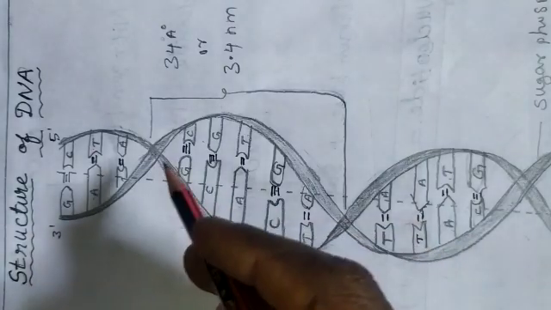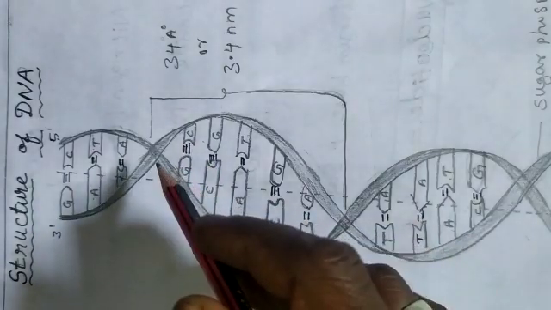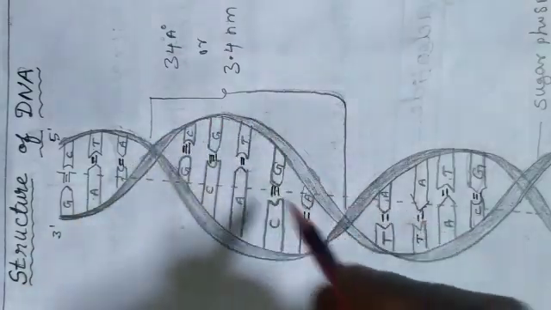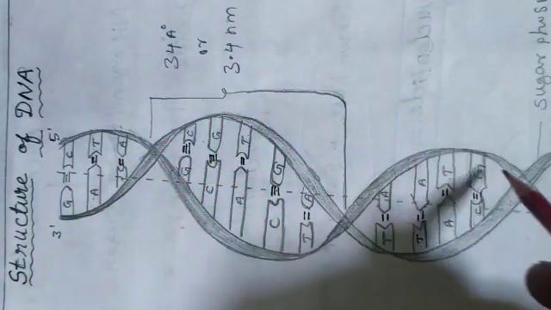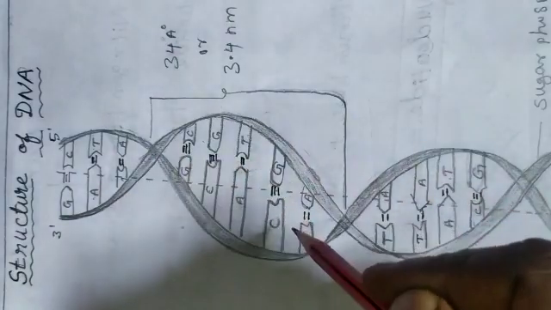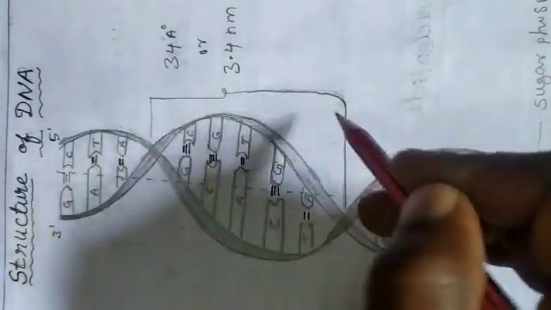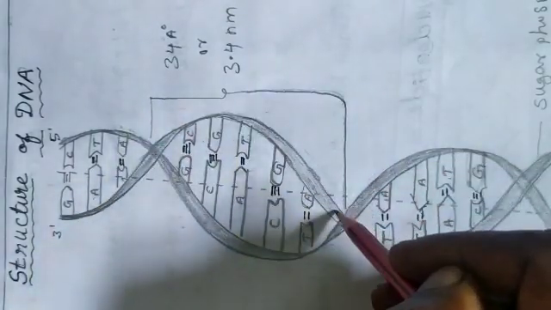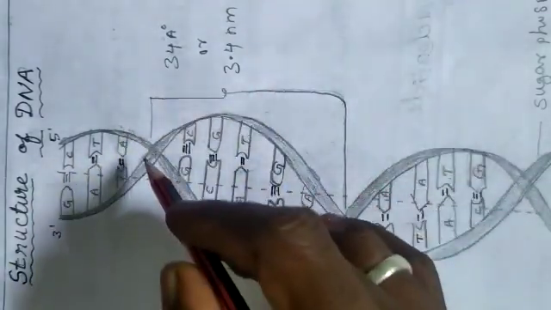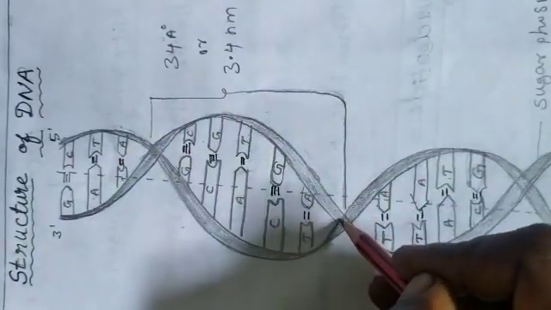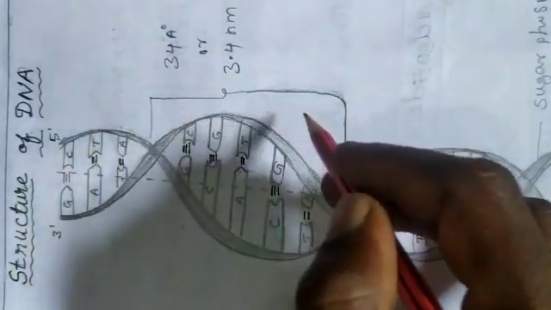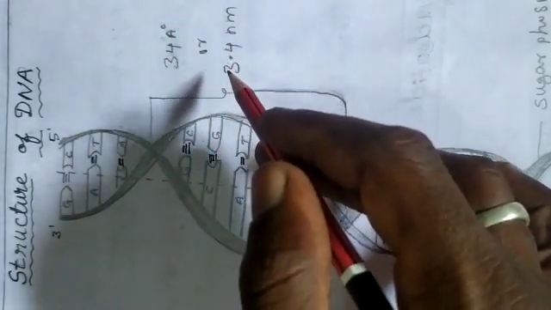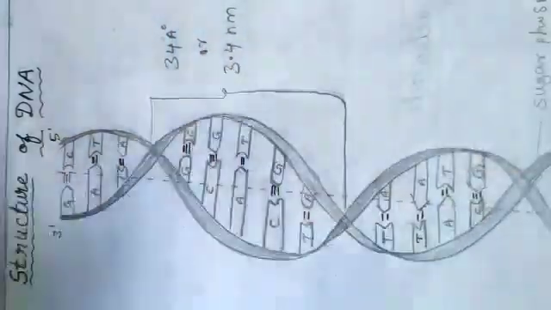Another very important thing is the helical turn. Each turn has a length of 34 Angstrom, or 3.4 nanometers. It starts here and ends here.